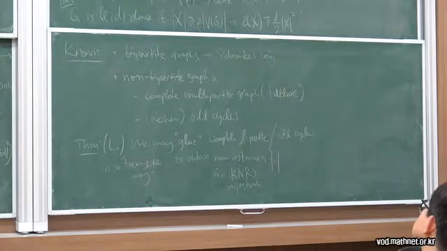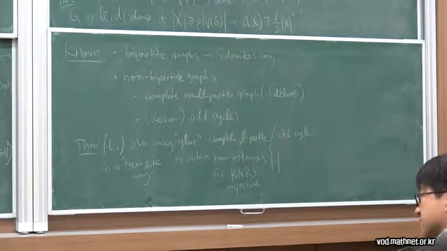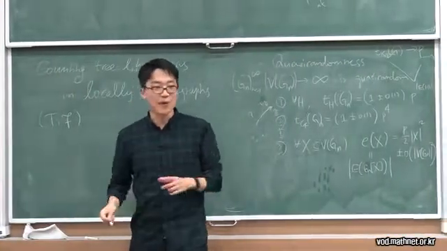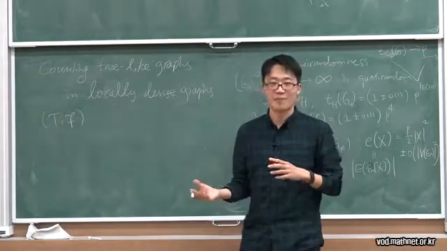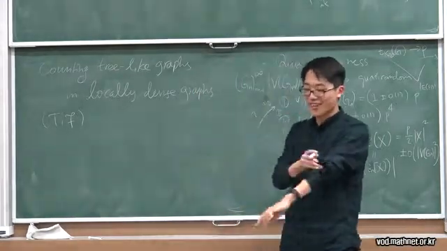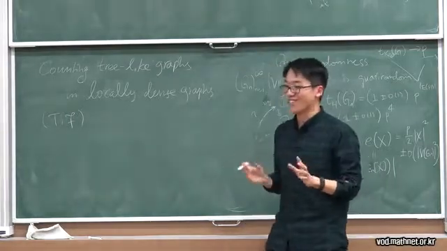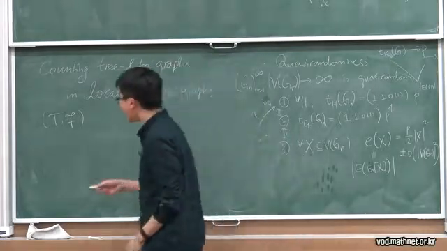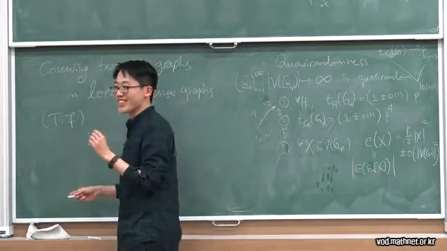To explain this statement precisely, I have to introduce the notion of tree decomposition. I've just learned that it's more common to write the tree first and then the vertex subsets later, but I've been using it the other way around, and none of the referees pointed it out so far. But to make you comfortable, I'll try to stick to this order.